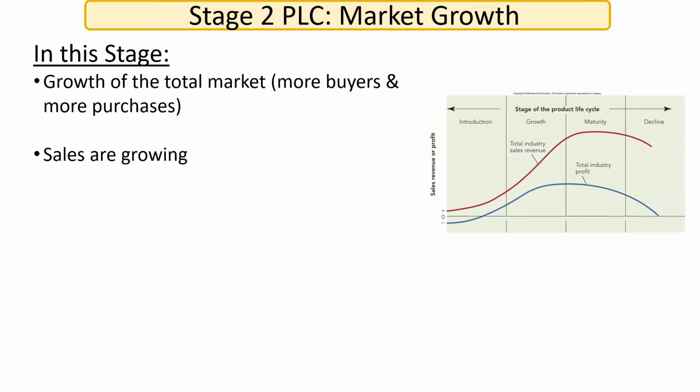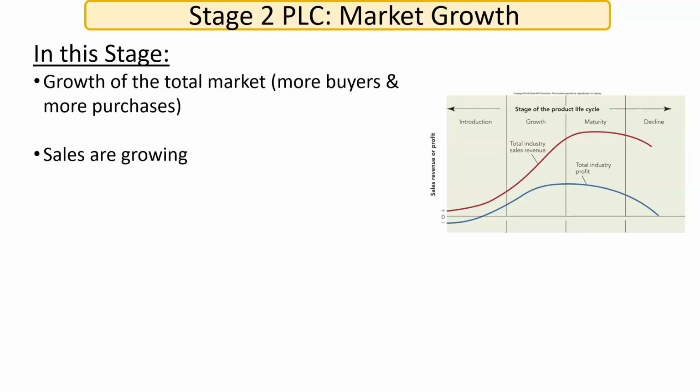In the market growth stage, we see the market grow because more players enter, customers, competitors, and related industry partners. Industry sales tend to grow fast while industry profits rise, but then they do start to fall. So in this stage, again, sales grow because they come from having more total customers, both new and repeat.